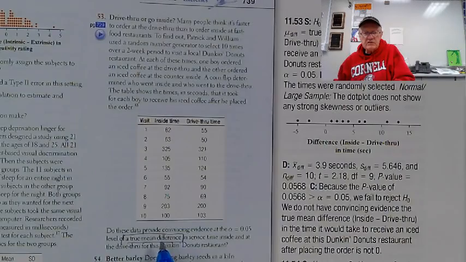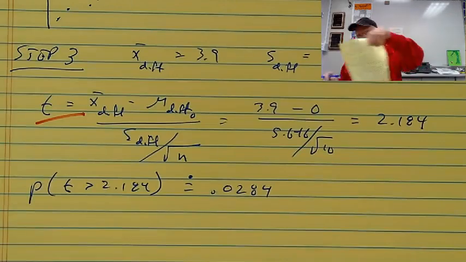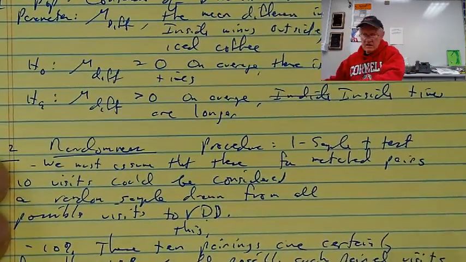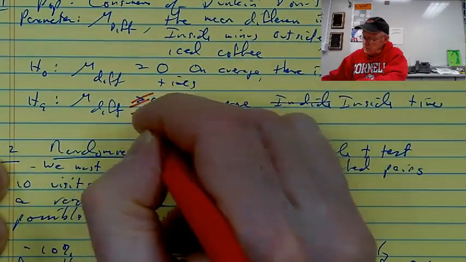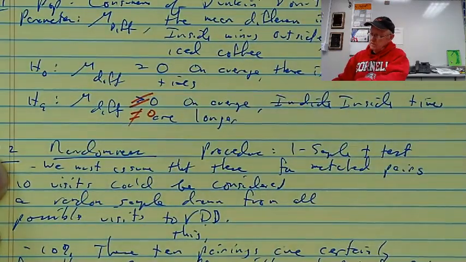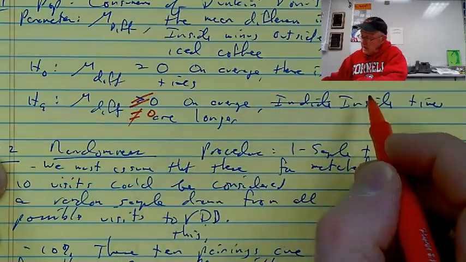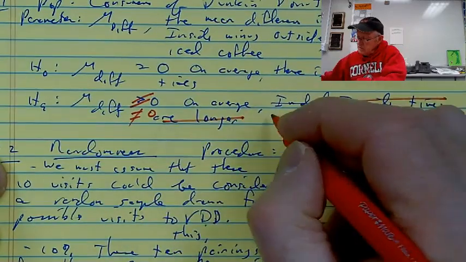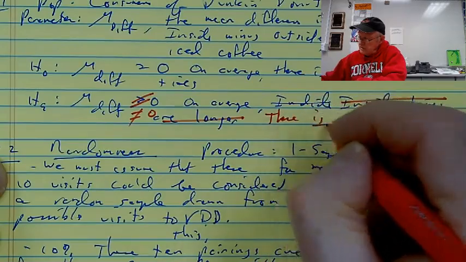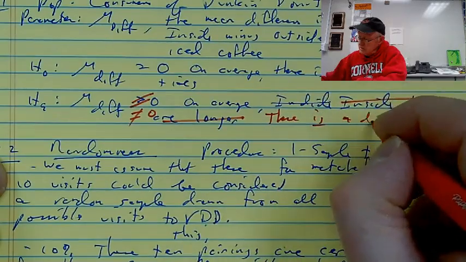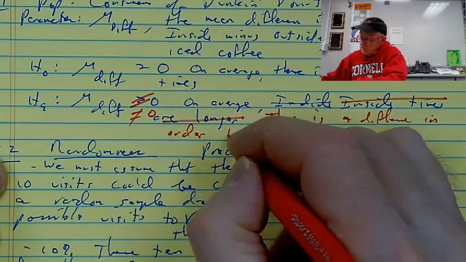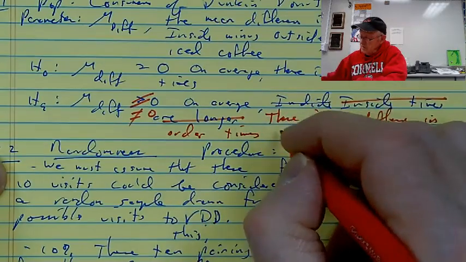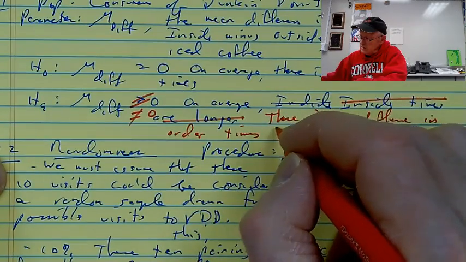Okay, so I'm going to go back to here and say this becomes not greater than, but not equal to. Okay, on average, there is a difference in order times, inside or drive-through.